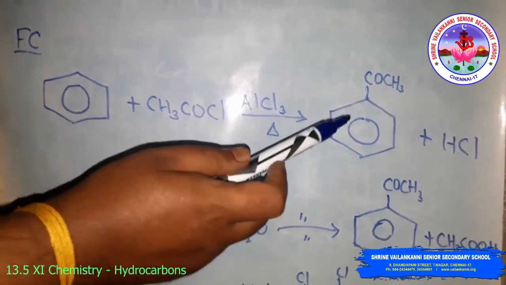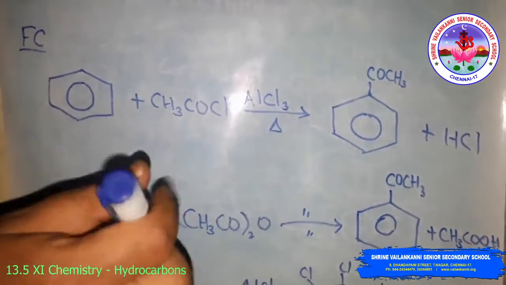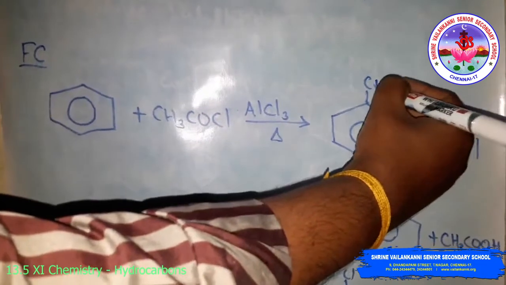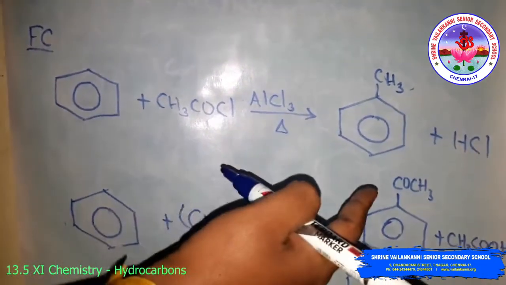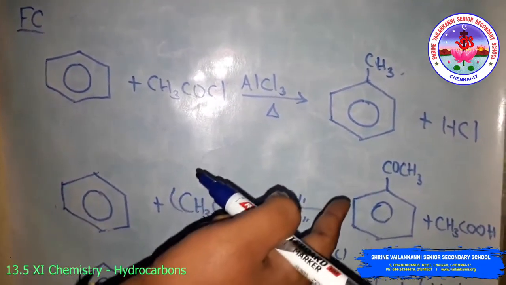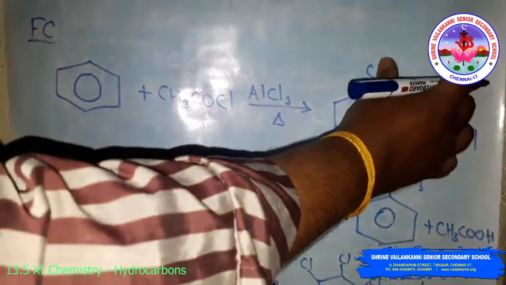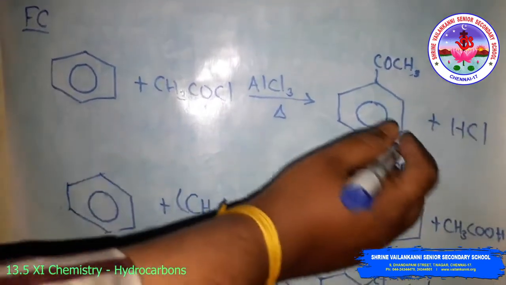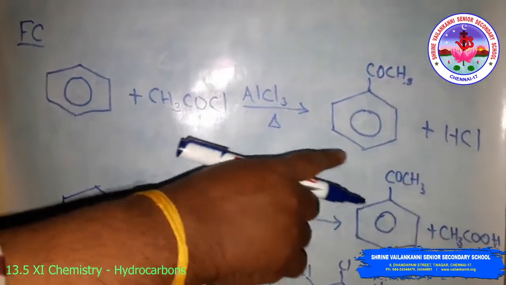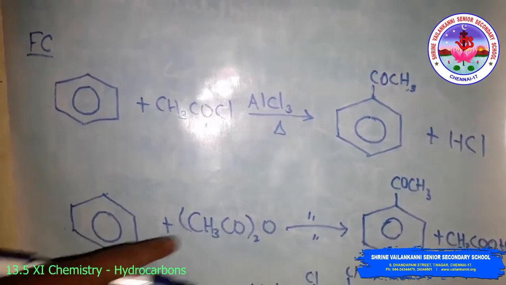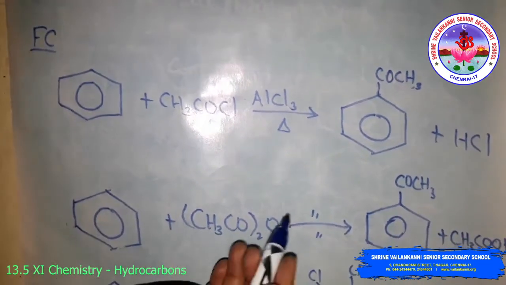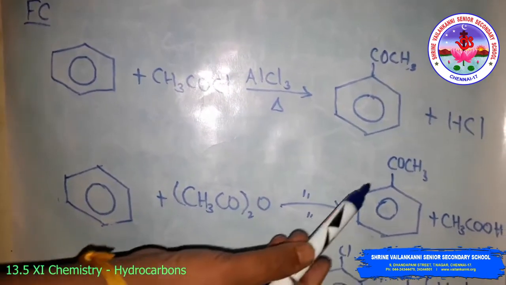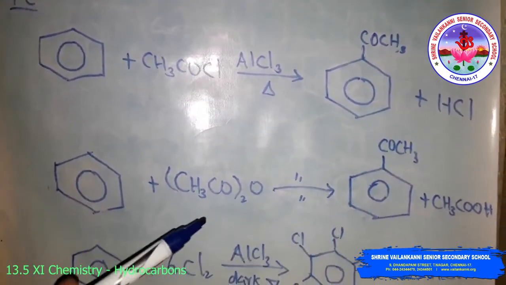See, this is not COCH3, this is CH3, so this is toluene I will get. Sorry, it's the correct one: COCH3, so that is acetophenone. And treatment with acetic anhydride in the presence of aluminum chloride on heating, you will get acetophenone and acetic acid.